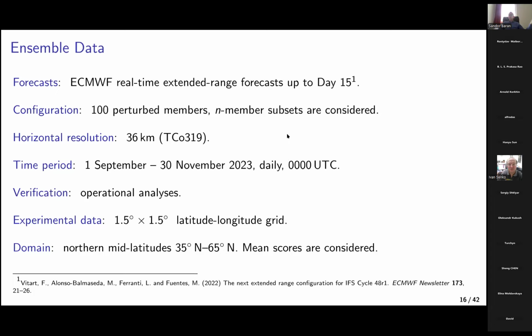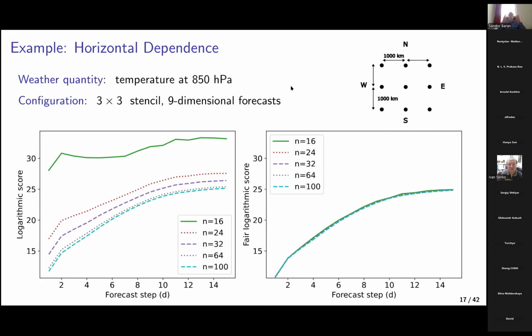And we needed a multivariate forecast. How did we get it? We had these grid points, and we first investigated horizontal dependence. We considered temperature at 850 hectopascal altitude, and as a multivariate forecast, we considered a so-called 3x3 stencil. We took 9 points, like you see in the figure, 1,000 kilometers apart from each other, and then we get a 9-dimensional forecast.